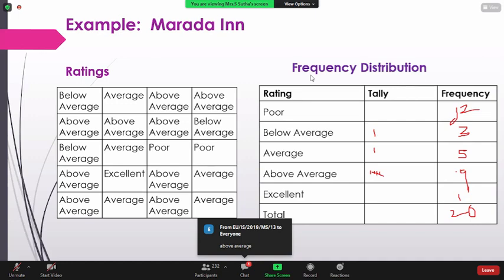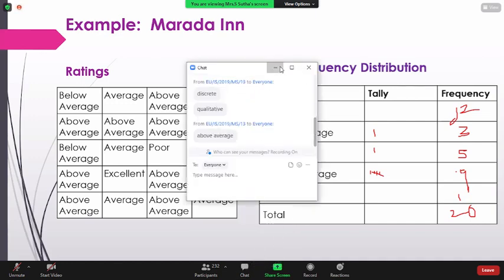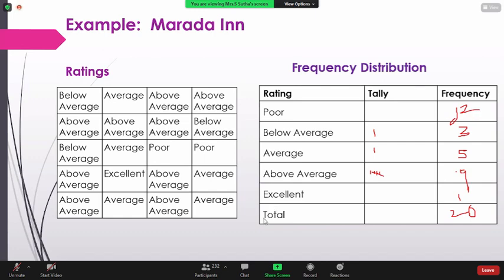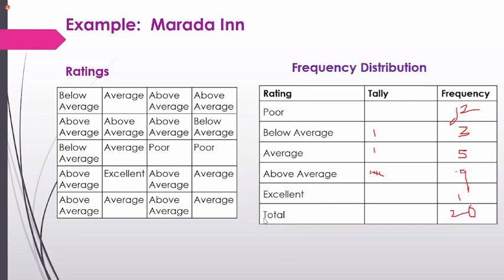And also when we are looking at all over the frequency distribution, what is your conclusion? Whether the hotel quality is good or bad? When we are looking at the overall frequency distribution, whether the quality of accommodation is good or bad?